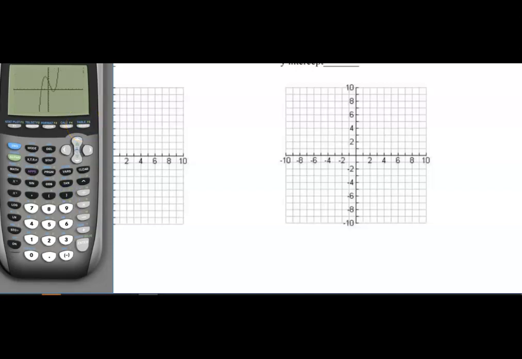And there's our general positive layout. We hit table. Now I have this going by 0.5s. If you don't want that, you can go to this and call it start at 0 and go up by 1. I just had it going by 0.5 from a problem last semester.